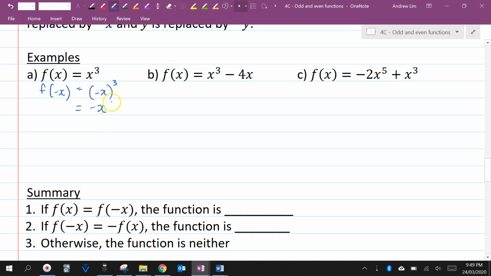So that's equal to negative x cubed. Well, if f of x is equal to x cubed, then technically this is equal to negative f of x, right? So here, f of negative x is equal to negative f of x, and therefore this function is odd.